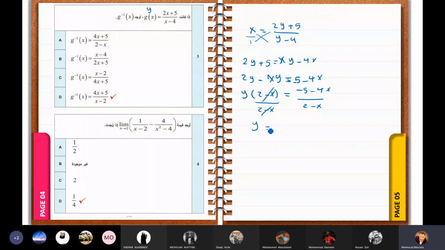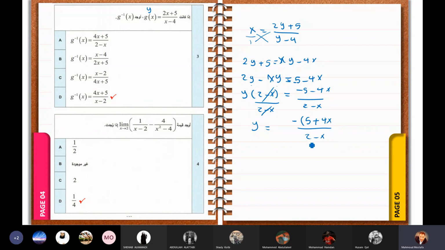So y is equal to, here, according to the rule we have, I don't know which one until I see the choices here, right? Means I can take, like here, negative as a common factor, so it will be 5 plus 4x over 2 minus x.